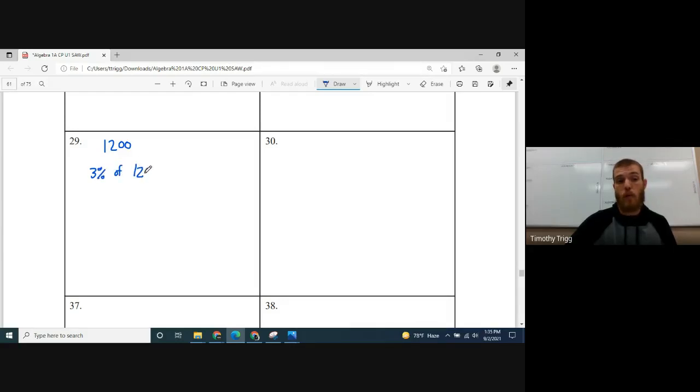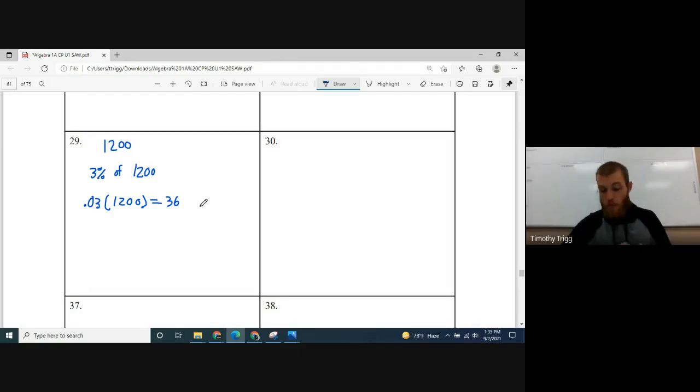So in our case, that's 1,200. So 3% of 1,200. Change that to a decimal, 0.03 times 1,200. Gives you $36. So that means you'll earn $36 in interest each year.